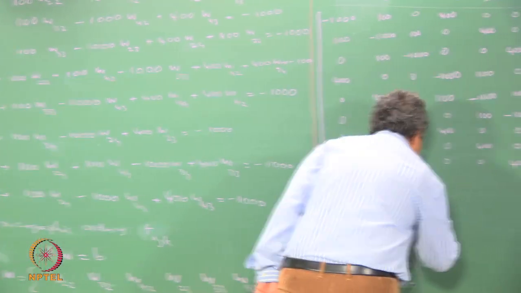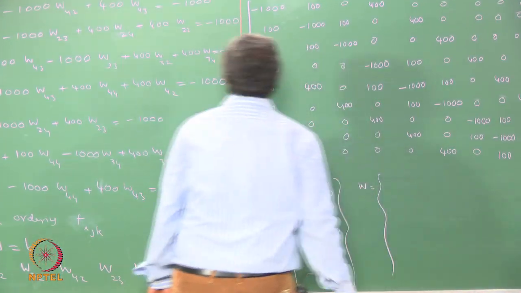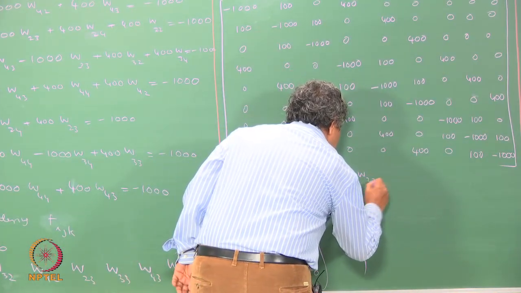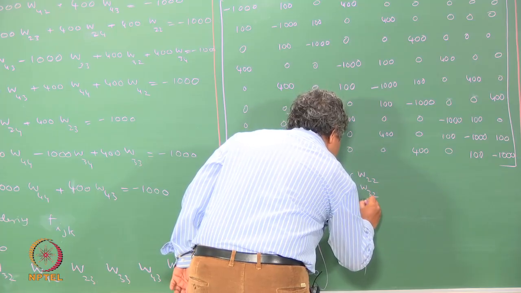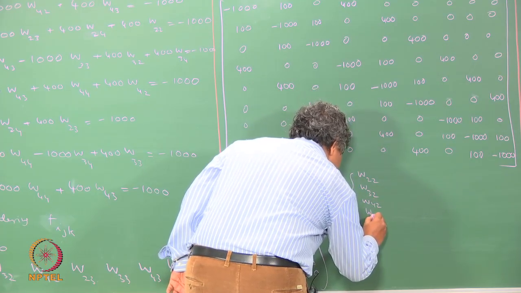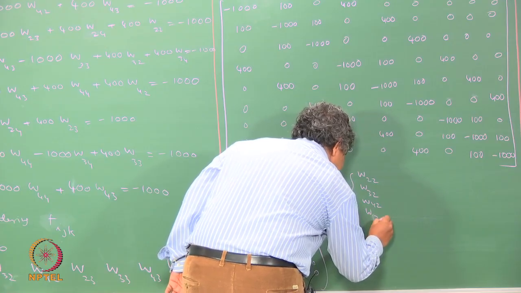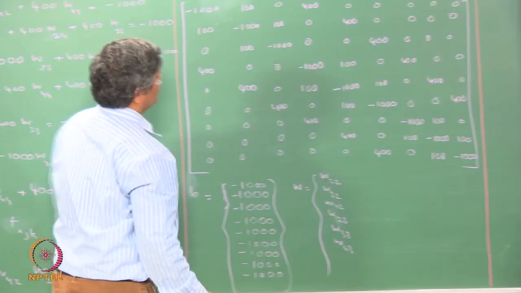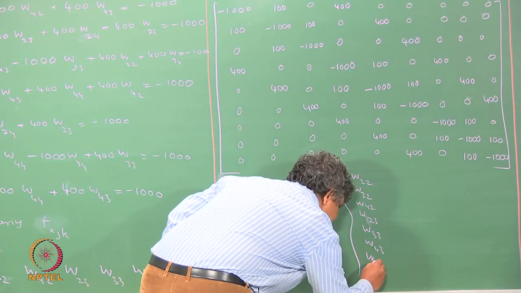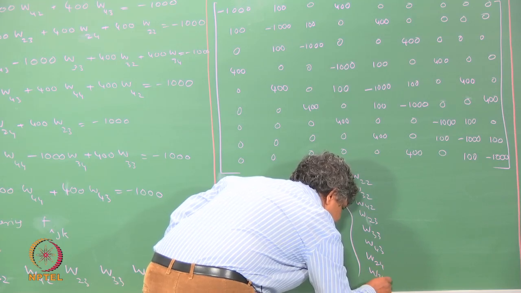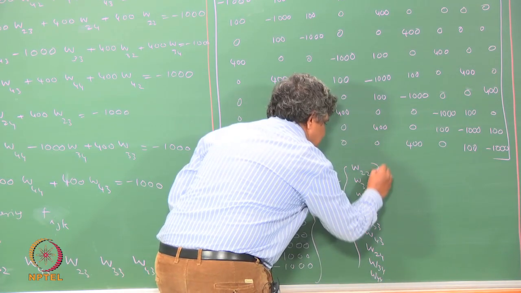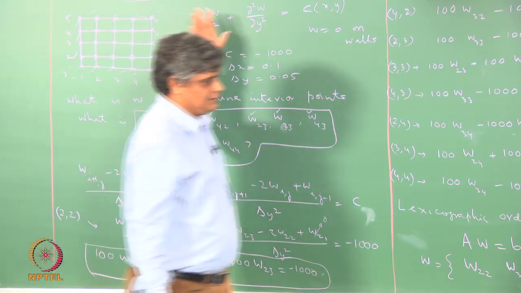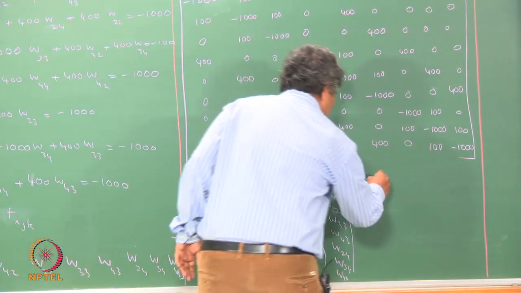Similarly, we can write W in the way that we ordered, and we have to maintain the same order here: W22, W32, W42, W23, W33, W43, and then W24, W34, W44. So we have converted this partial differential equation into AW equal to B.